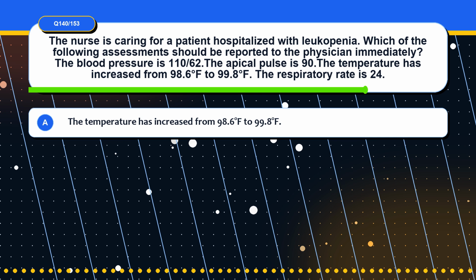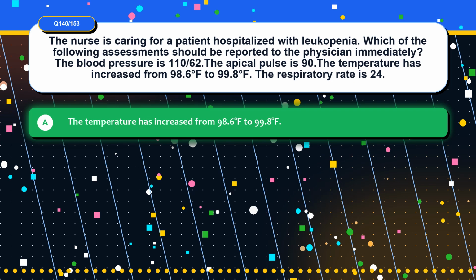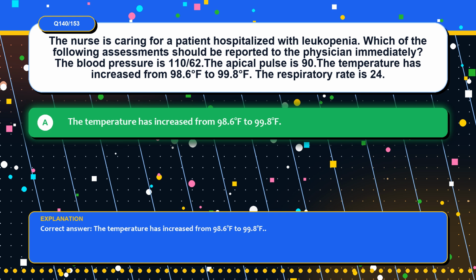Option A. The temperature has increased from 98.6 degrees F to 99.8 degrees F. The correct answer is option A. Correct answer.